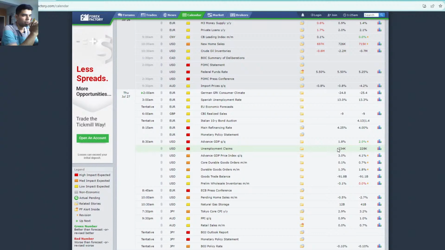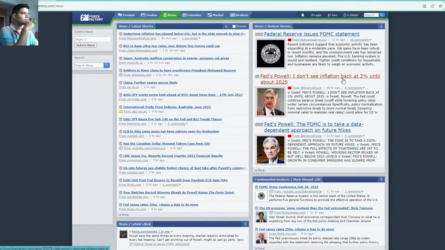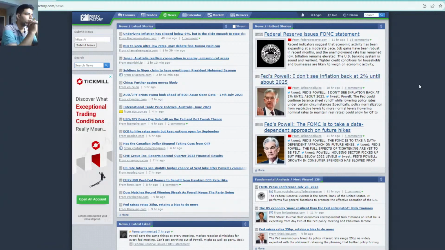Okay, let's check. Federal Reserve issues FOMC statement. Fed's Powell: I don't see inflation back at 2% until about 2025. So the main aim of the US economy is to bring the inflation back to 2%, guys. But still it's very difficult. Let's see what it says.